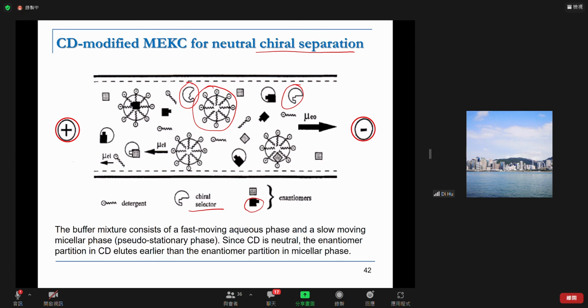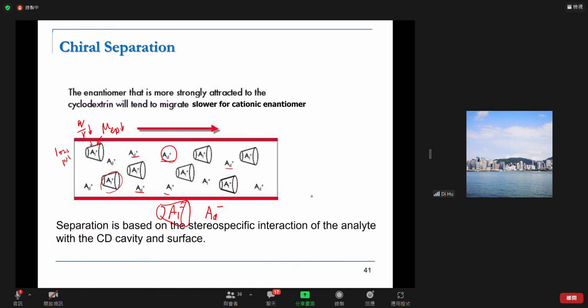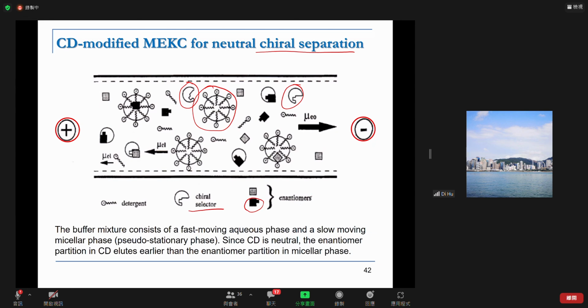Now we assume that the CD itself is not incorporating into the micelle, because the surface of the CD is hydrophilic. So the CD is not getting into the hydrophobic core of the micelle. It's just like something that dissolves in the water.